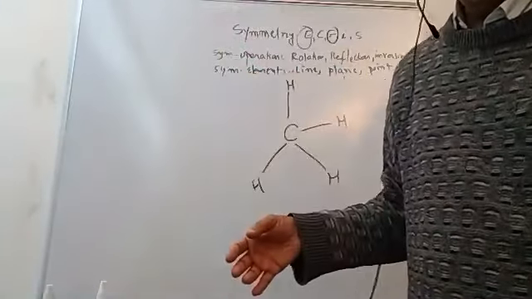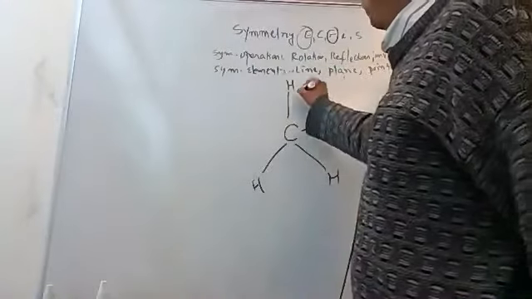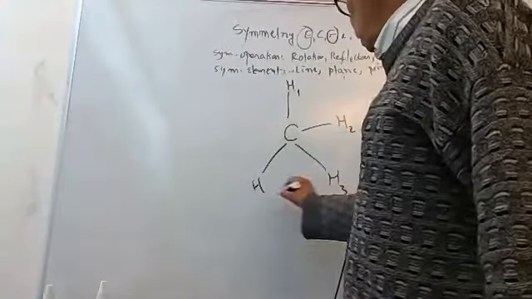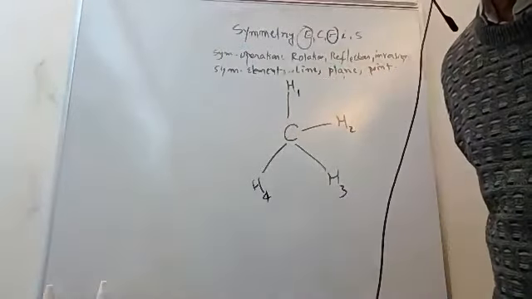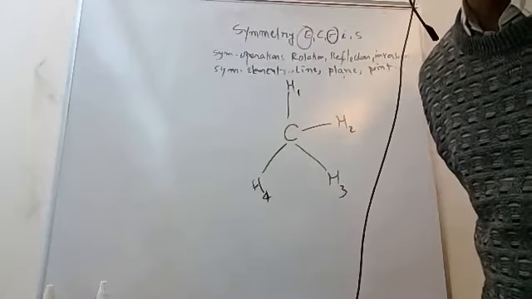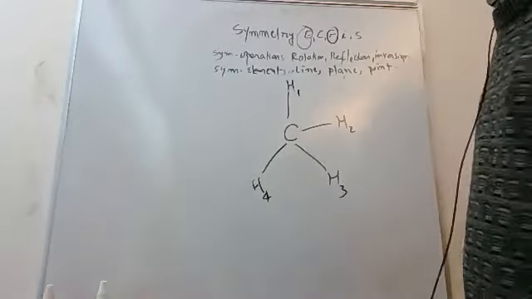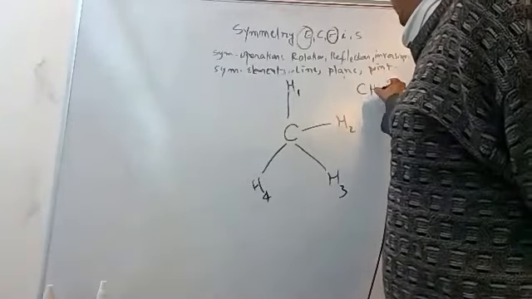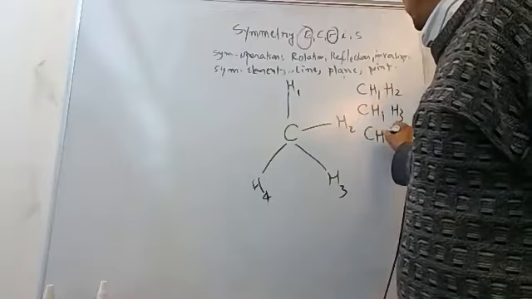So now, from a simple perspective of math, if I have H1, H2, H3, H4, the condition is 3 of those atoms will be in the plane and the remaining 2 will be out of the plane. So you can create a plane CH1H2, CH1H3, CH1H4.